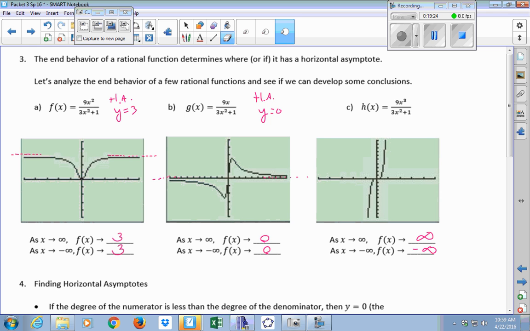All right. So how much impact does that single constant have when x is really big, or even if x was negative 1,000, you're still going to get the same thing, 9 million over 3 million plus 1. How much impact does it have? Not much at all. It's totally insignificant.